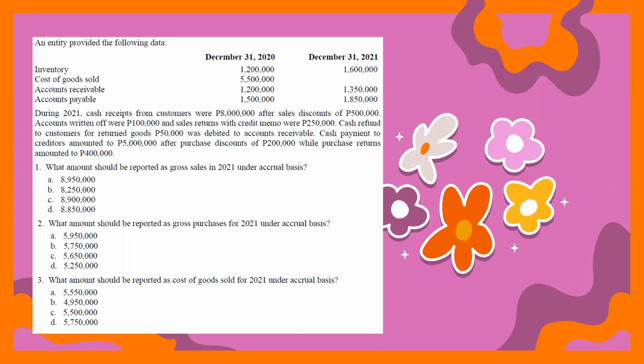So we have inventory, cost of goods sold, accounts receivable, and accounts payable, ending and beginning balances. So December 31, 2020, this represents your beginning balances. And then December 31, 2021, these are your ending balances. Let's read further.